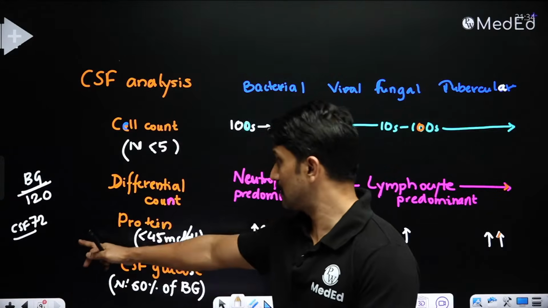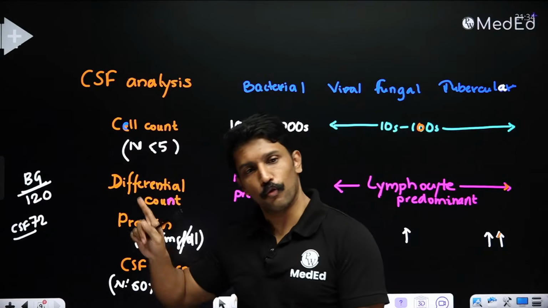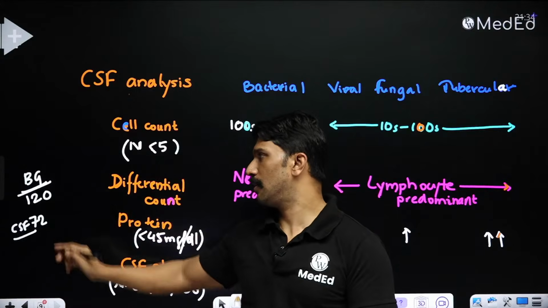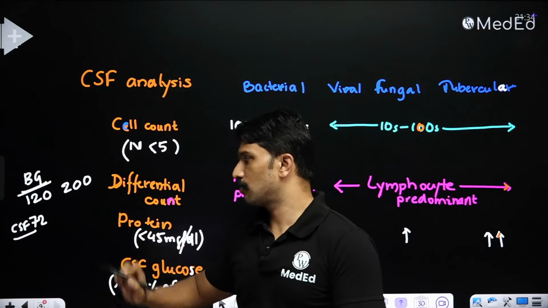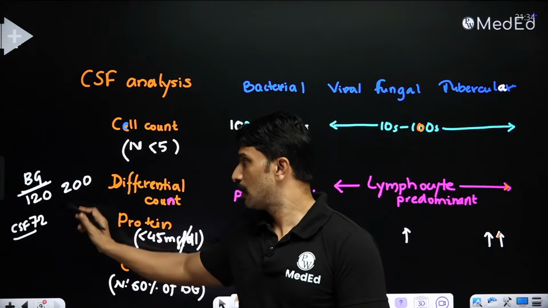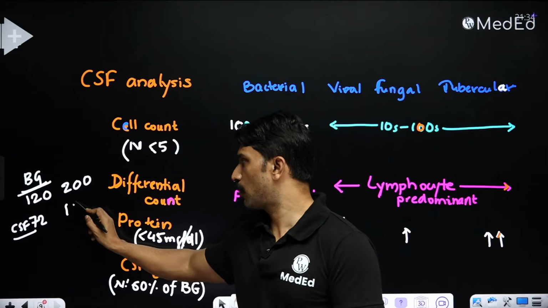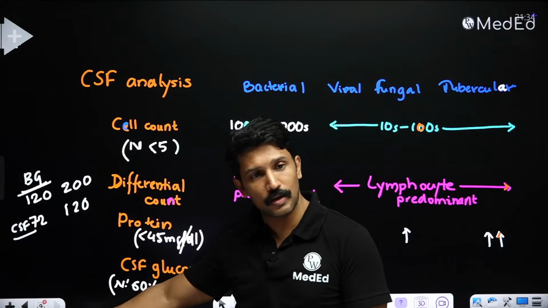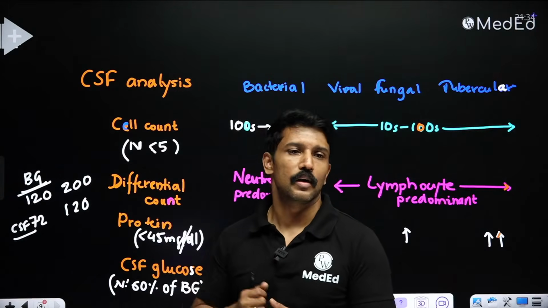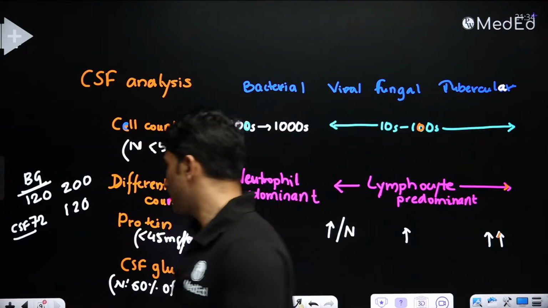If it is less than 72, it is low for this particular individual, right? If blood glucose is 200, then 60% of this, which is 120, will be considered as normal for the CSF. So if it is less than 120, then it is low, right? So that is how we are going to decide.